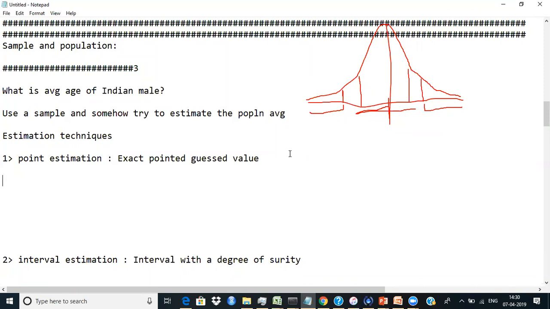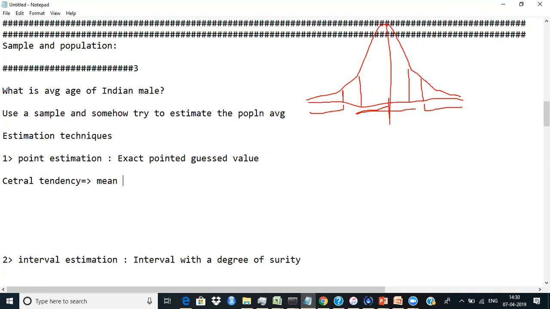What are two major features of any distribution? Central tendency and dispersion. So whenever we are talking about point estimation, we will either be estimating the central tendency or will be estimating the dispersion, right? Now, whenever I talk about central tendency, what is the most important measure? Mean.